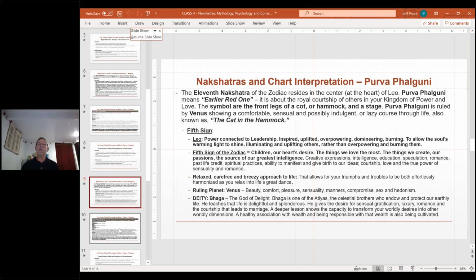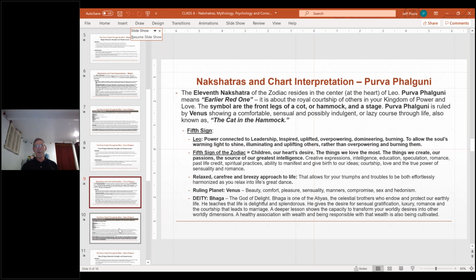With Venus, you don't have to take things so seriously. You can have enjoyment in your life, and Venus is that energy that brings that for us. And that is the beauty, comfort, pleasure, and all those compromises we have to make in our life, which are all related to comfort with Venus.